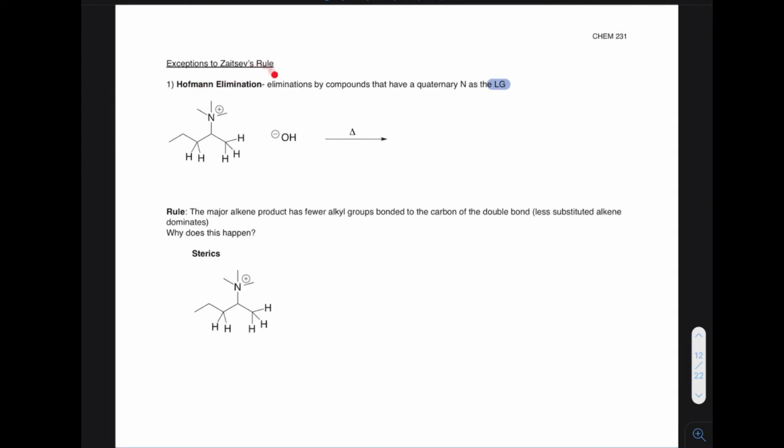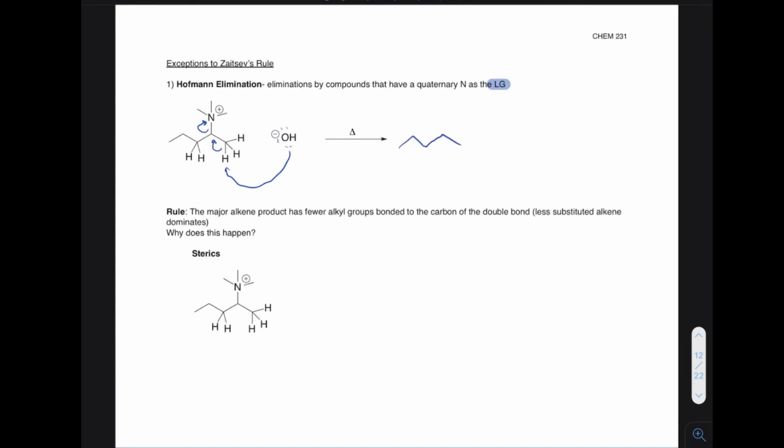But essentially, right, based on what we just learned with Zaitsev's rule, you would think you would eliminate this way, right, to form a double bond between these two carbons. However, we actually go to the less substituted side when we're doing this reaction. So let's see what that looks like. Again, we do that sort of 180 backside attack when we're forming the double bond.